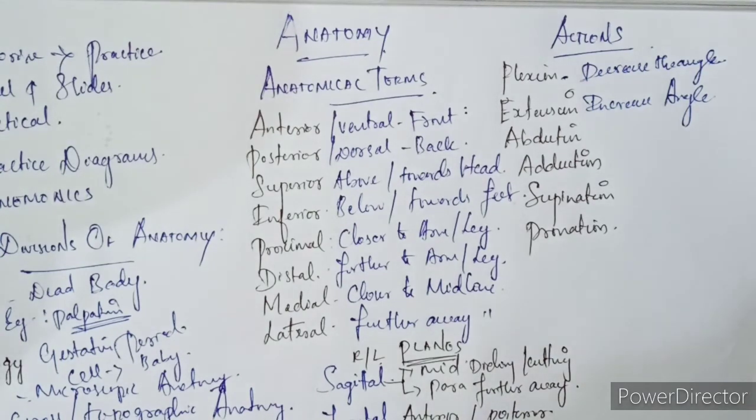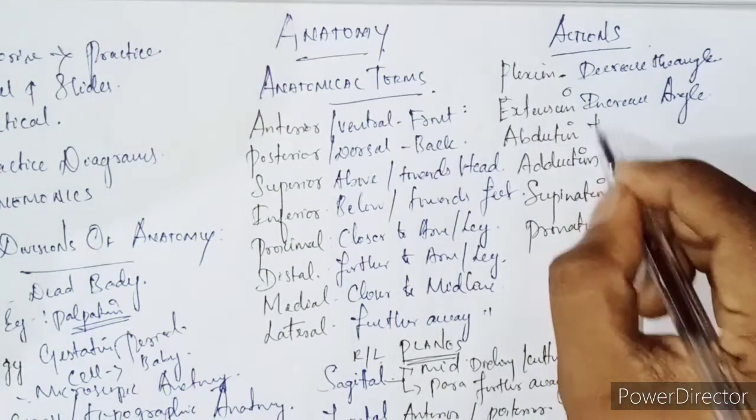Then we have abduction and adduction. Abduction is nothing but moving away from the midline, that is we are moving from our body to the further side. Adduction is towards the midline.